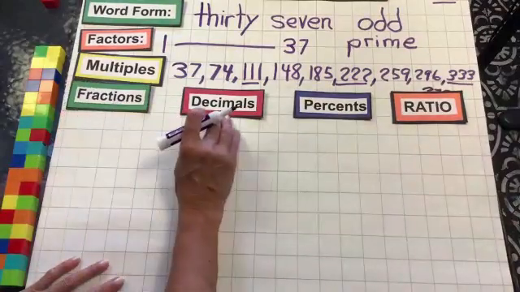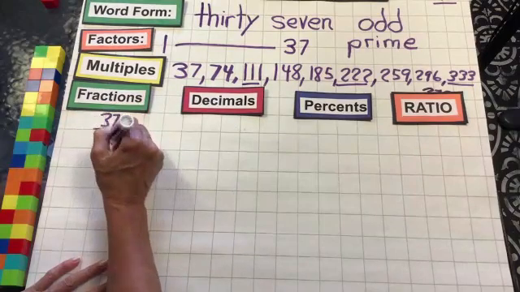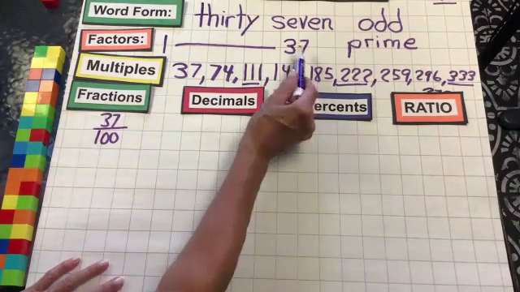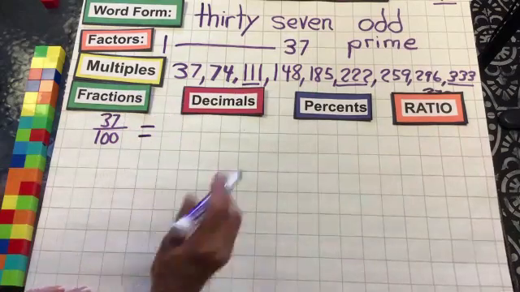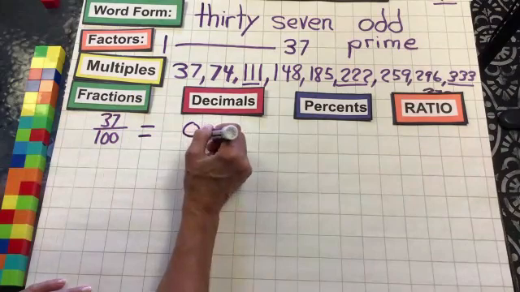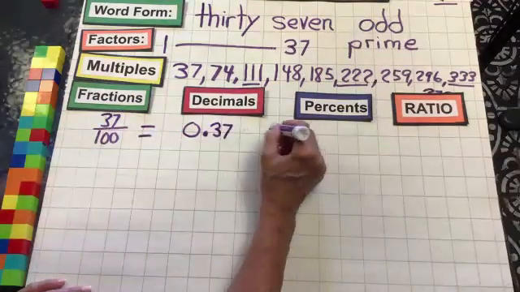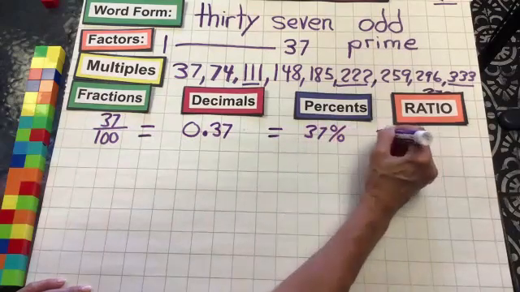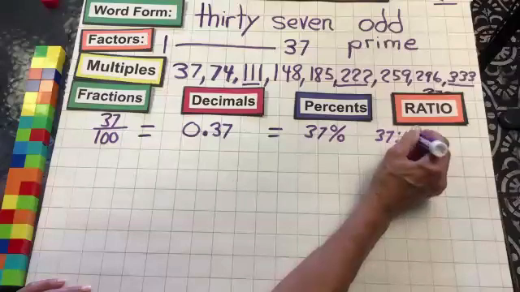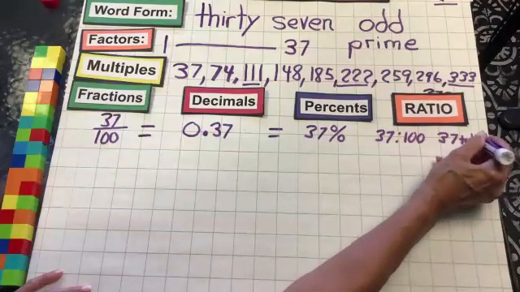I'm going to move that up a little bit so we have plenty of room. 37 over 100 is our fraction, and 37 doesn't go into 100 evenly, so we can't do any equivalent fractions there. Our decimal is going to be 0 and 37 hundredths. So this is 37 hundredths. Our percent is going to be 37%. And our ratio would be 37:100 or 37 to 100.